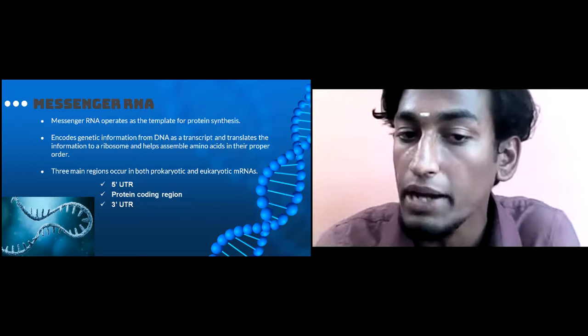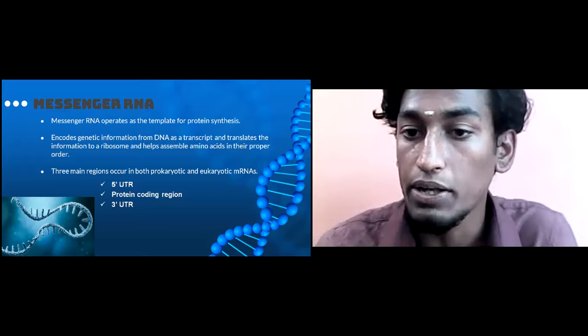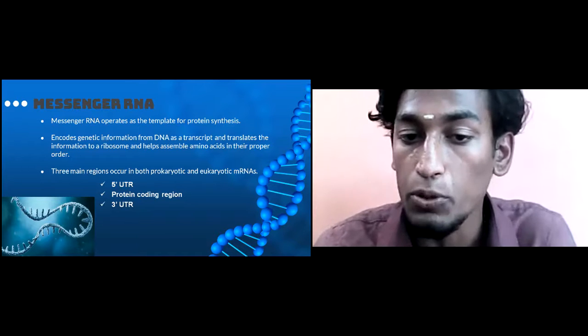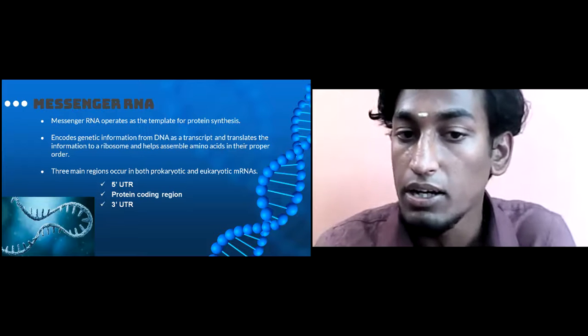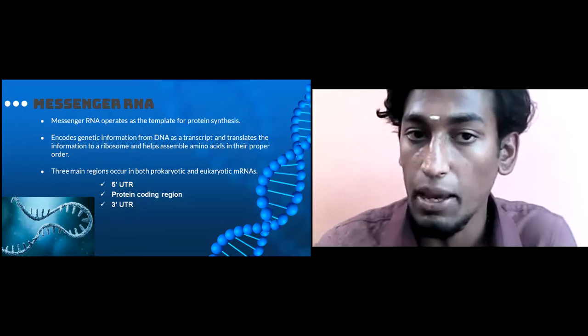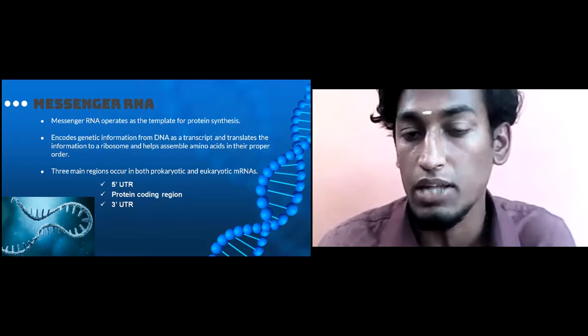There are three main regions in both prokaryotic and eukaryotic mRNA: the 5' UTR, the protein coding region, and the 3' UTR.